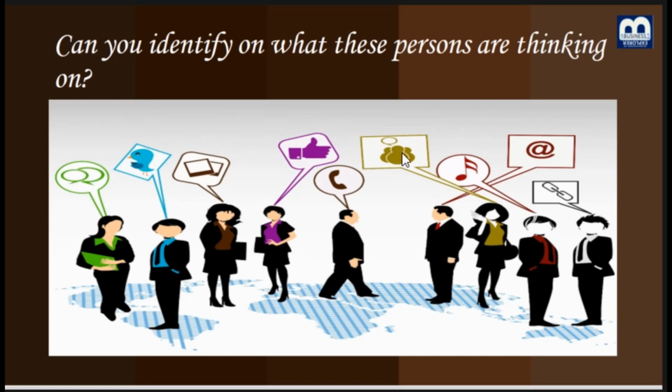So, what do you think all of these people are thinking of? From this picture, some of you would have probably thought on information technology, social networks, way of communication, or even thought that these are the ways of sharing some information or files using different online platforms of communication. Yes, all is true, but the purpose is only one, that is to communicate and share information from sender to receiver.